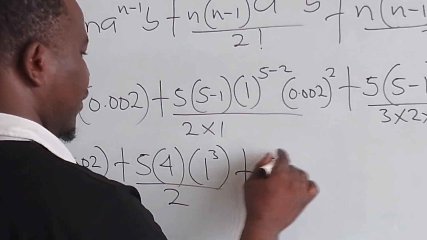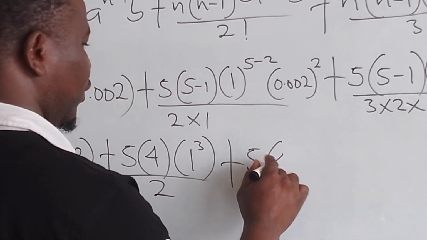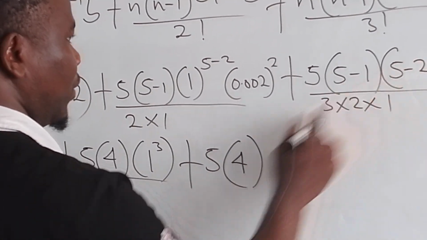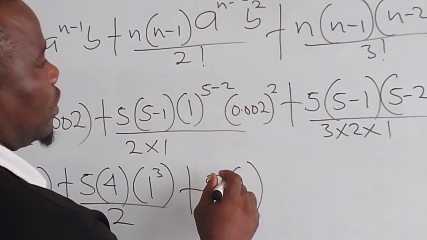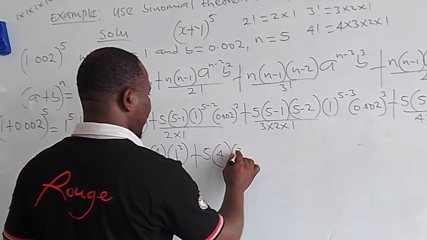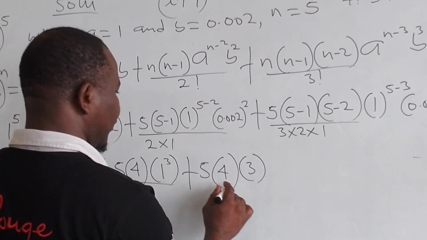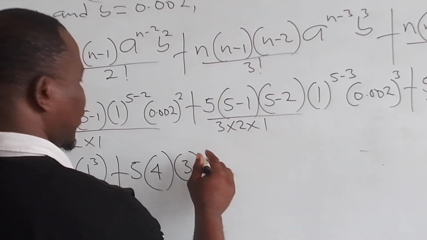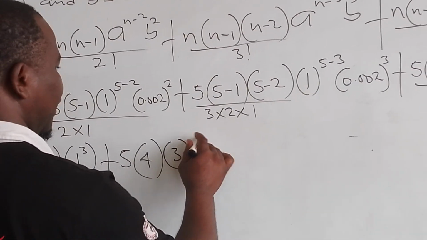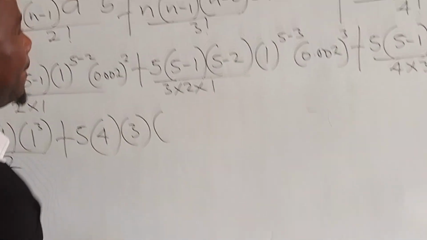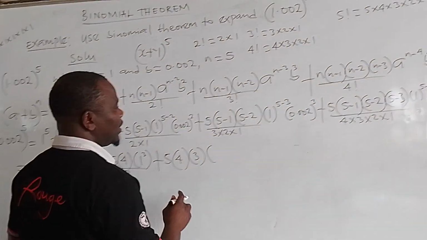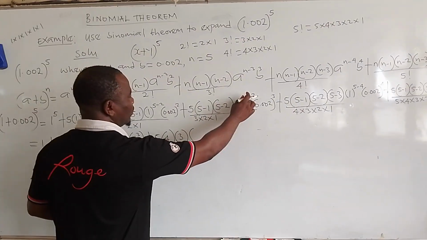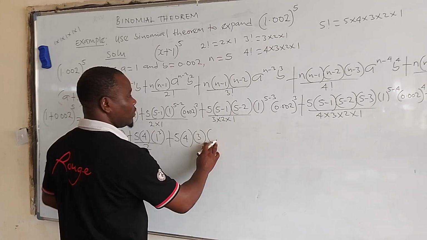this, 5 minus 1 is 4. 5 minus 2 will give us what? 3. True or false? 3 all in bracket. Then 1 raised to the power of 5 minus 3 will give us what?